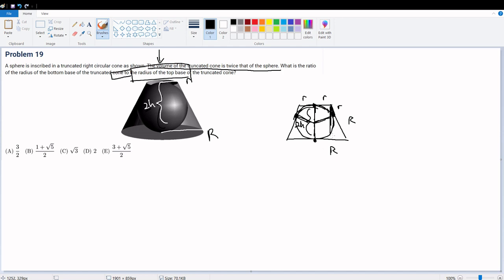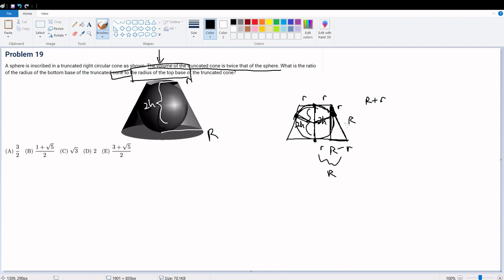If we just drop an altitude right here, this must have the same length of 2h, and the hypotenuse of this triangle would have length big R plus little r, and this leg right here, if we just transpose this length, must be little r, and since this total length must be big R, this leg right here must be big R minus little r.